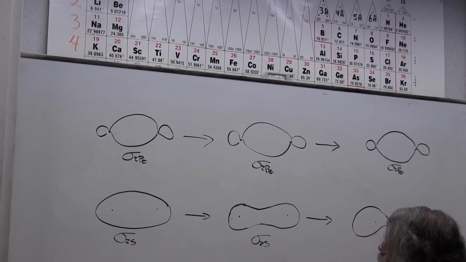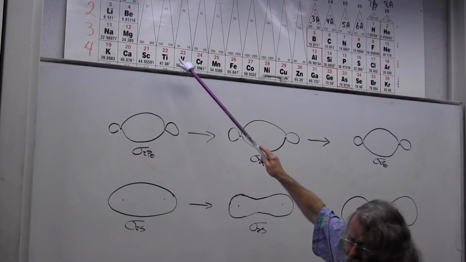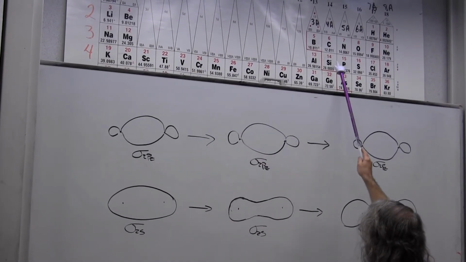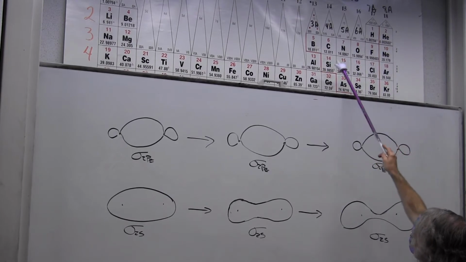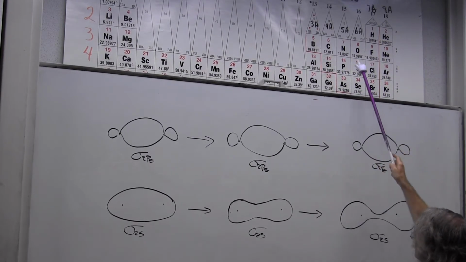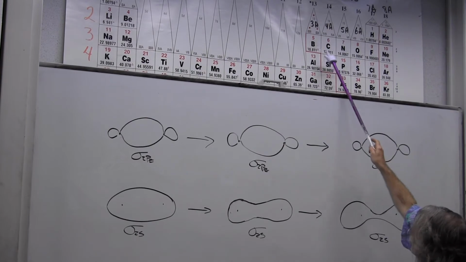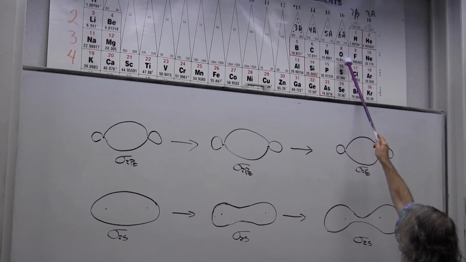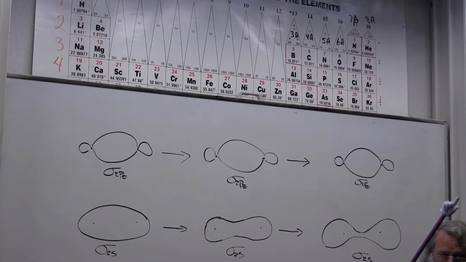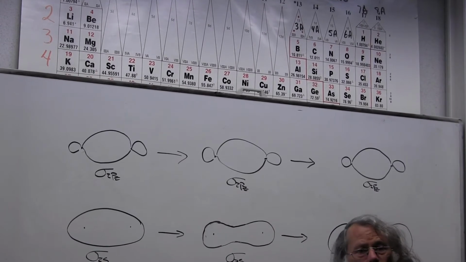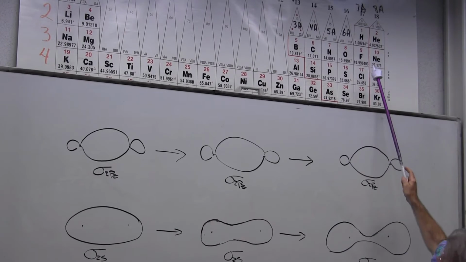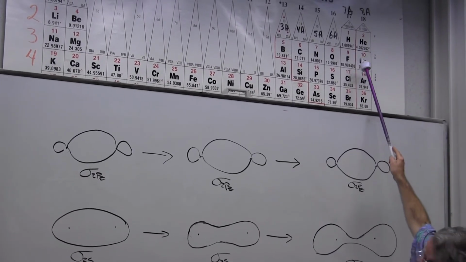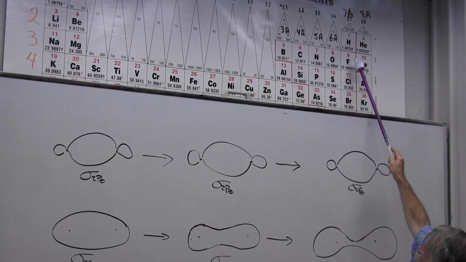Because of the increased nuclear charge experienced by the valence electrons as we proceed across the row, we're increasing the number of protons in the nucleus. That means they get smaller, and therefore the electrons are closer to the nucleus and are held more tightly. And this gives rise to the explanation for the increase in electronegativity, fluorine being the most electronegative on the Pauling scale.